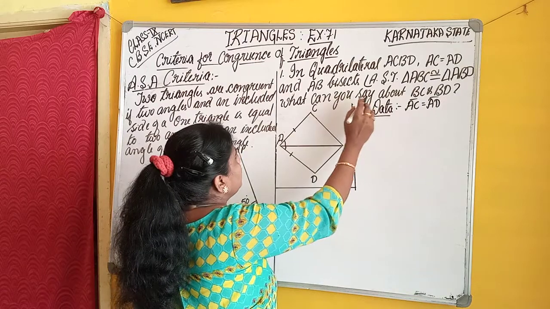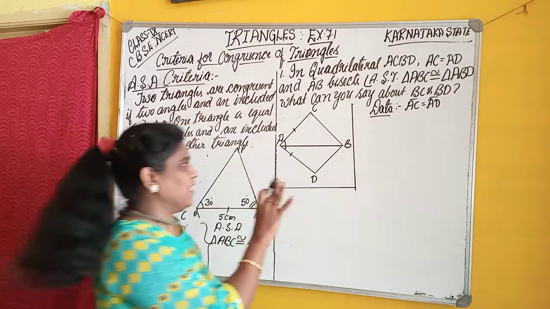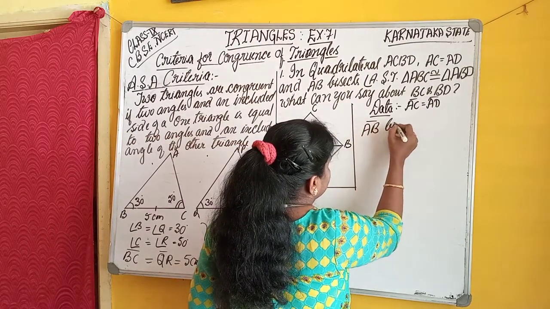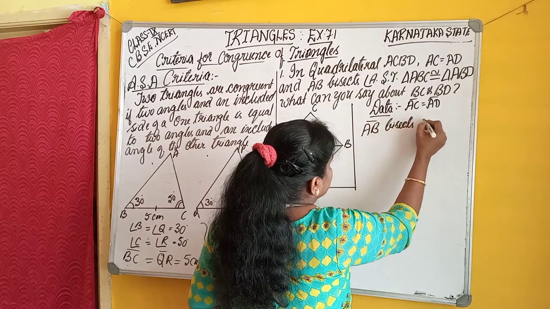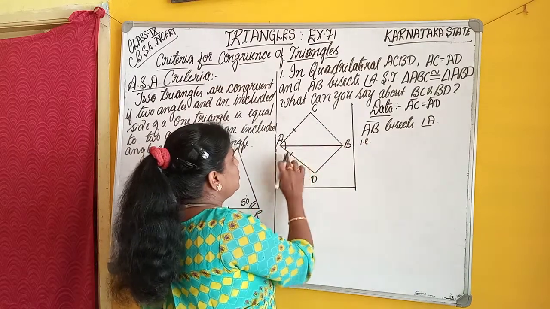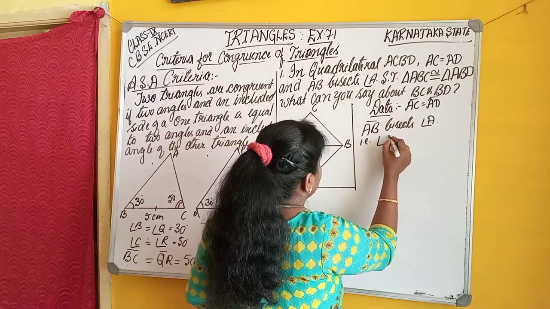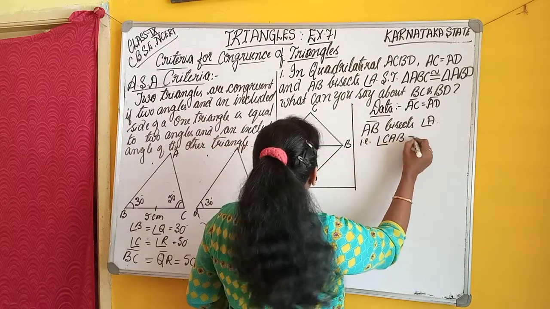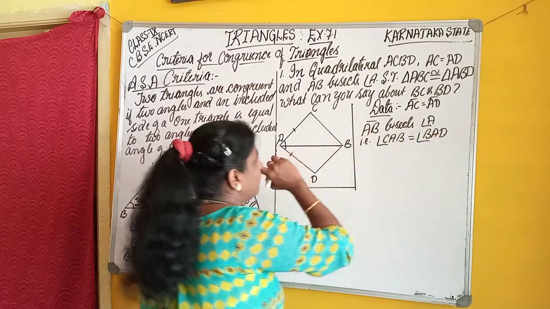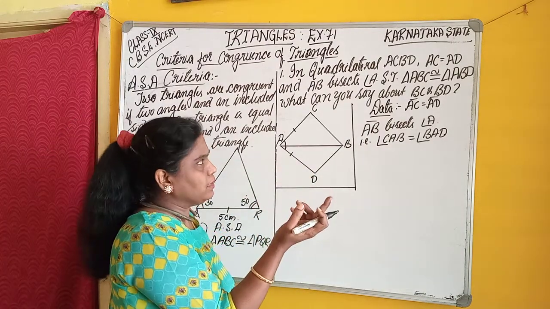And AB bisects angle A. That is what we have to write: angle CAB is equal to angle BAD. Now what we have to prove is that triangle ABC is congruent to triangle ABD.